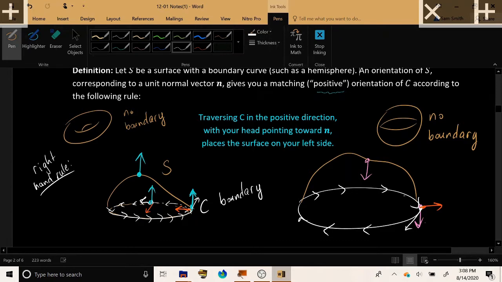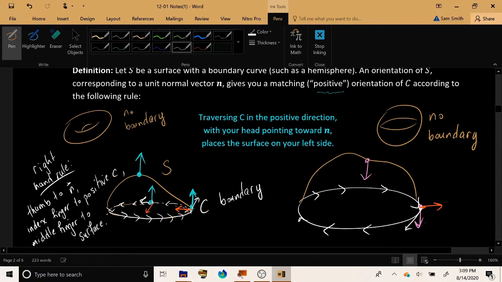For the right-hand rule, the thing that I like to remember is that you have your thumb pointing to the normal vector, and you have your index finger pointing in the positive C direction, then your middle finger, curved in toward your palm, will point to the surface with your right hand.